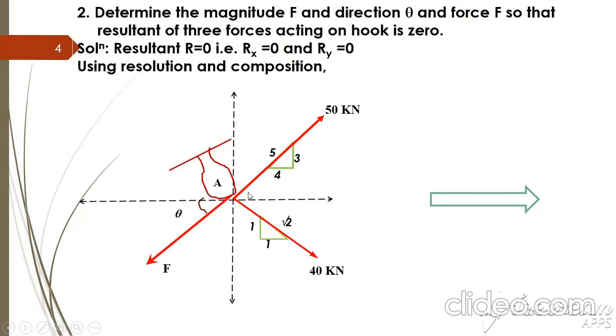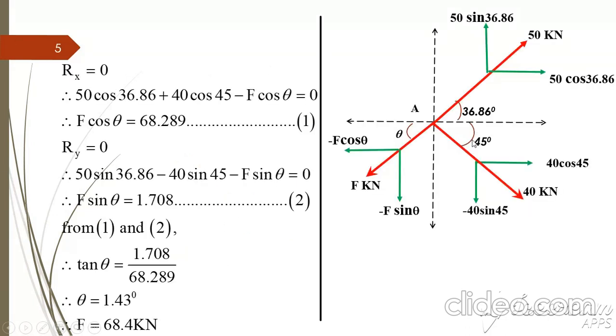So this angle theta will be equal to tan inverse of 3 by 4, which gives 36.86. Similarly, over here this angle is determined with respect to y, tan inverse of 1 by 1, so this angle will be 45 degree.